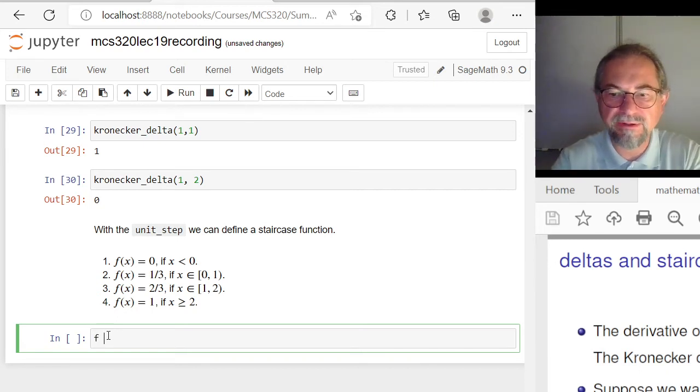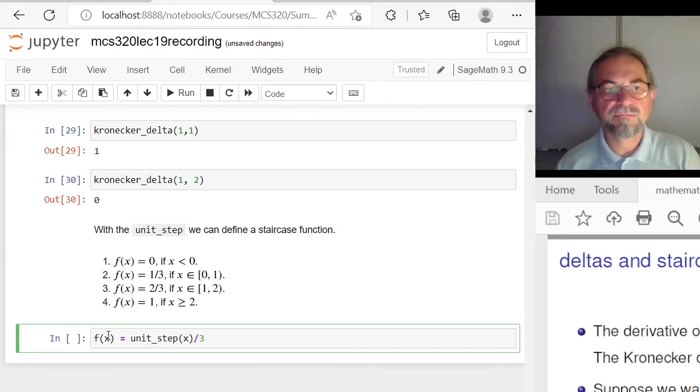So let me define f. So f of x, it will be a function. It's the unit step x divided by 3. So we can compute with functions.